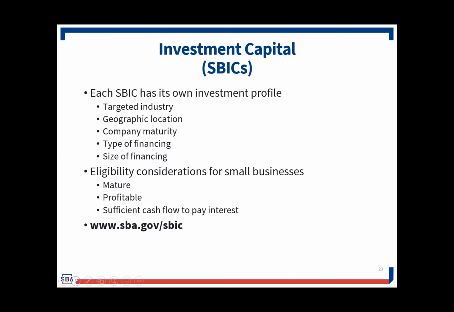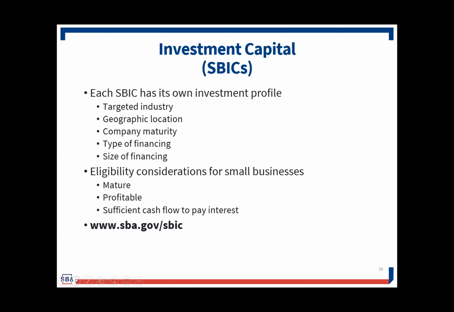So as I mentioned, they're going to have a targeted industry in which they're interested in participating. Some of them are only interested in certain geographic locations. How long you've been in business will be of importance to them. The type of financing that you're seeking, either an equity injection, a loan, or just an investment, would be important, and the size of the financing you need.